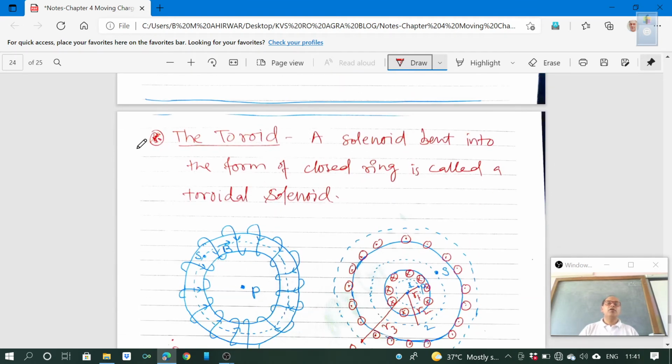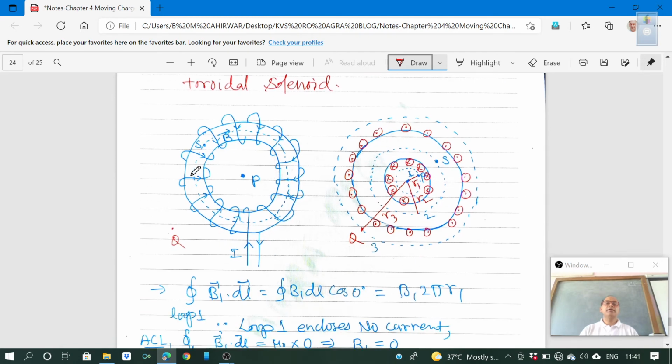Okay, another form is the toroid. Actually it is the modified form of the solenoid. If the solenoid is bent into the form of a closed ring, this is a toroidal solenoid. So this is the diagram of the toroidal solenoid.